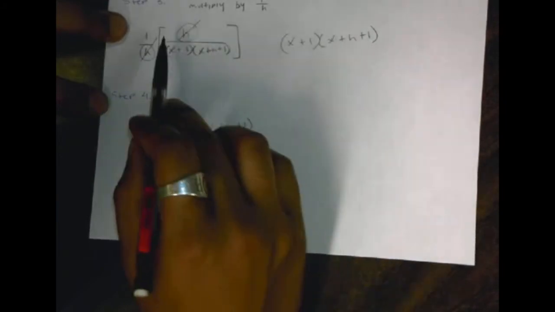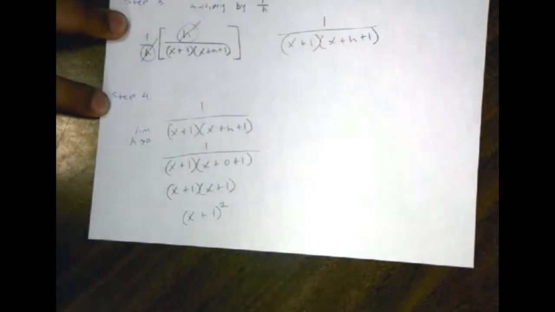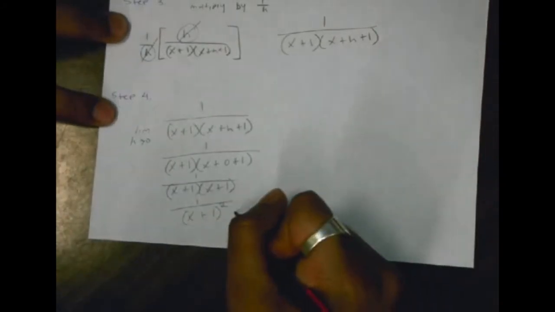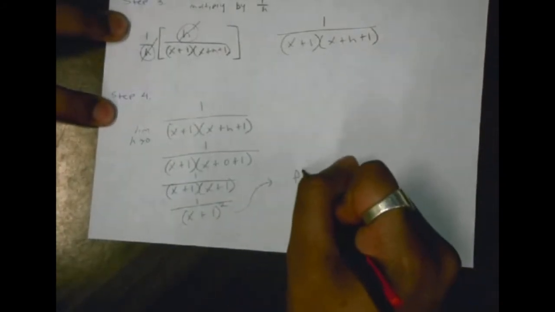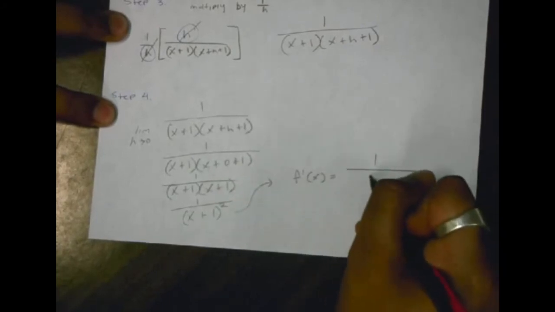Now remember, I forgot to put a 1 at the top, and there is a 1 from the equation up here. So this 1 follows us throughout the entire situation. And so our f prime is now 1 over x plus 1 squared.